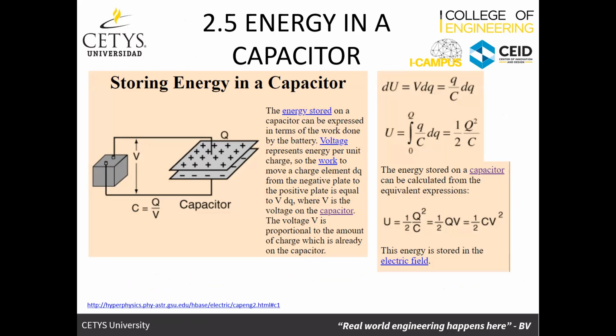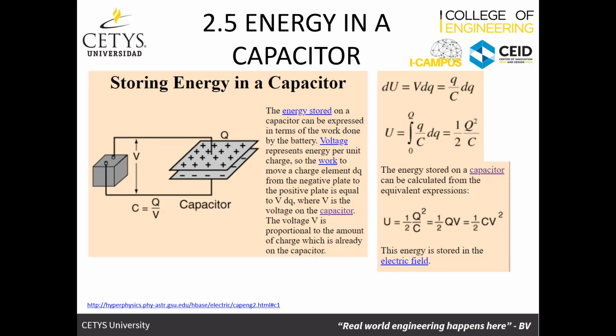Remembering that voltage by itself is the energy required for a unit charge, to move a charge from infinity to a certain point. So voltage is joules divided by charge, or energy divided by charge.